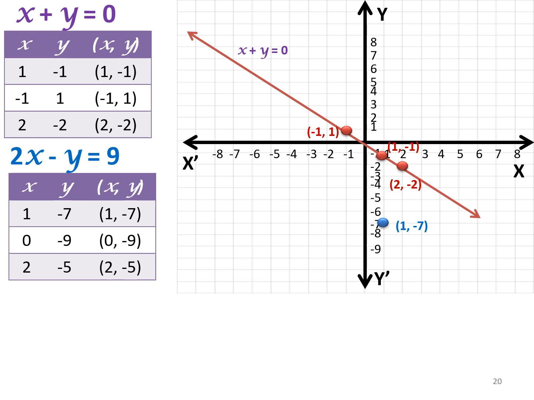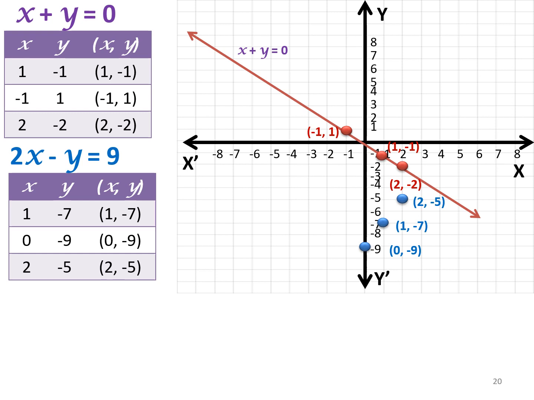Next one 0 comma minus 9, x value is 0, y value is minus 9. So this point lies on my y axis, that is 0 comma minus 9. Third one 2 comma minus 5, x value is 2, y value is minus 5. So the coordinate point is 2 comma minus 5.